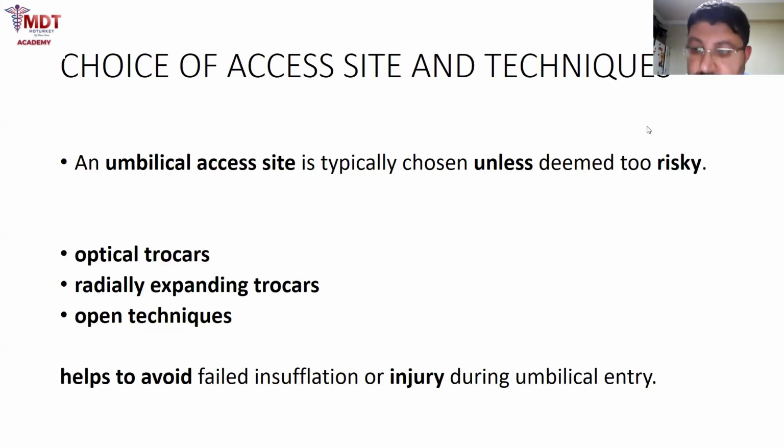Mostly we use, as we told before, the umbilical access site, unless it's risky to use this access site. Also, we can use optical trocars, radially expanding trocars, and open techniques through the umbilicus to avoid failed insufflation and injury during the surgery.